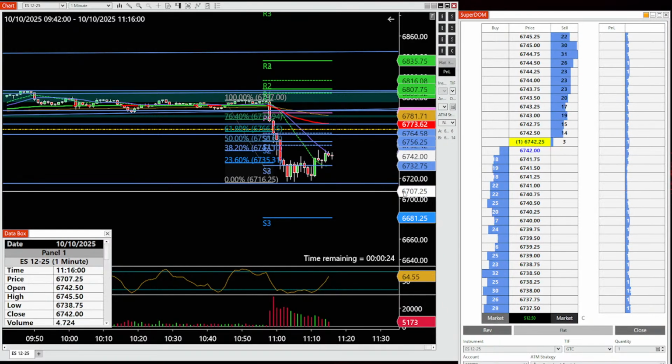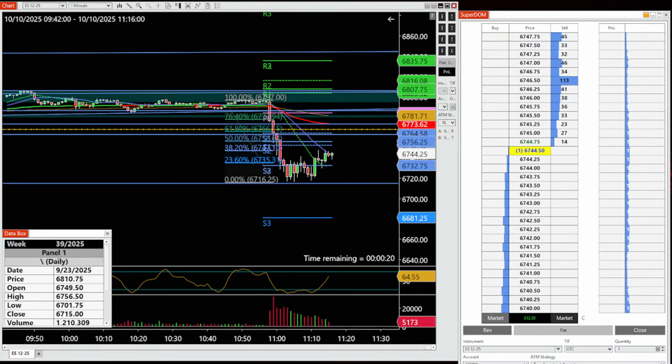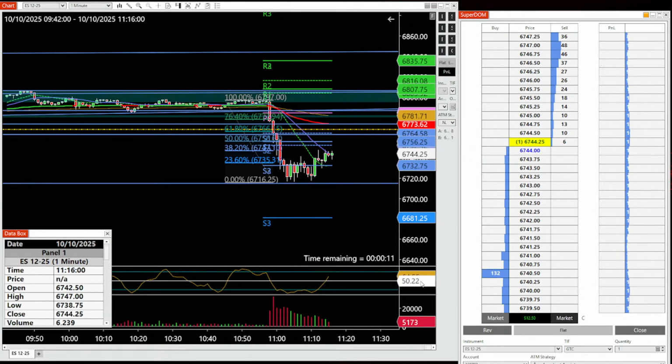This is not something you want to be in if you have tight stops, because your stops are gonna get run. The low on here is 838.75.